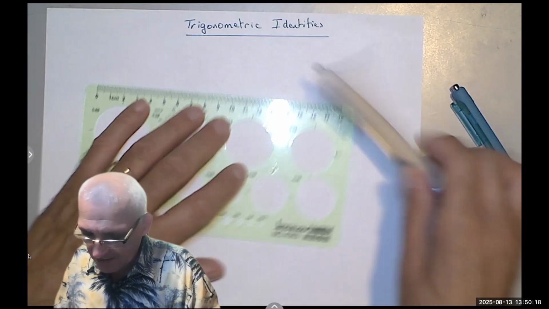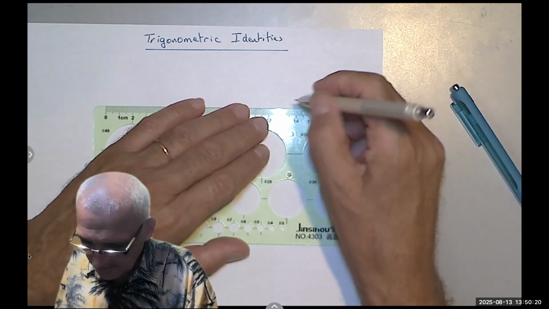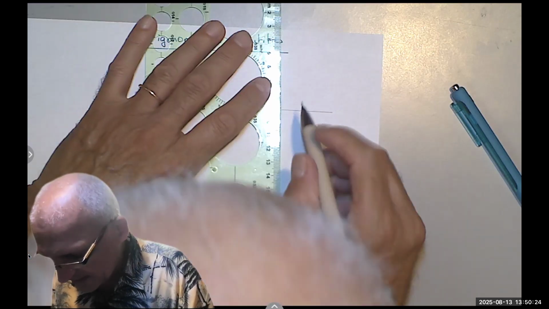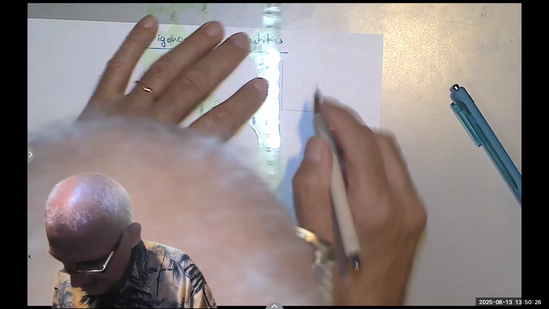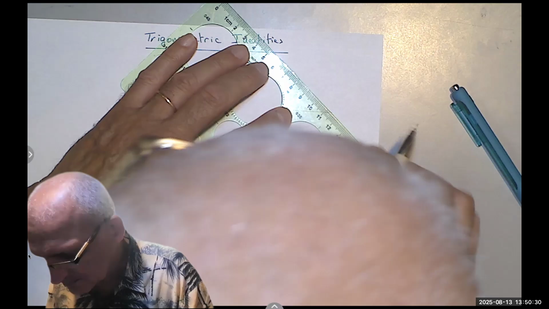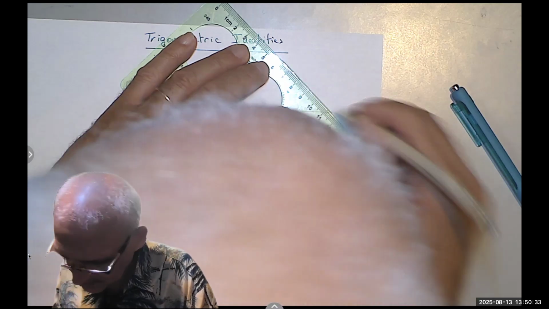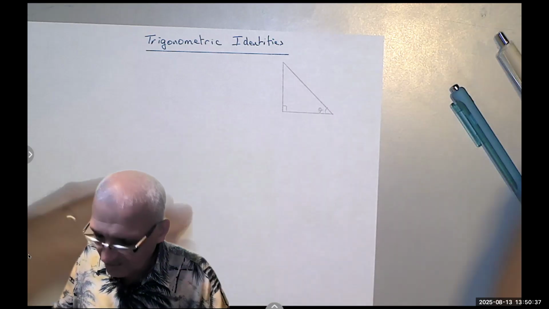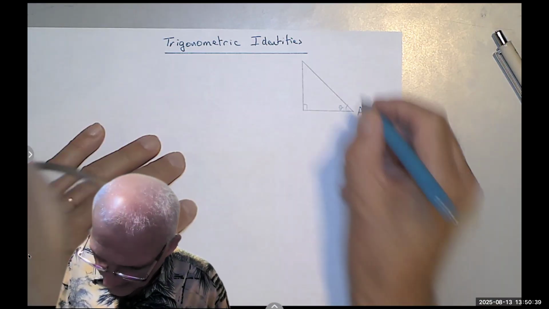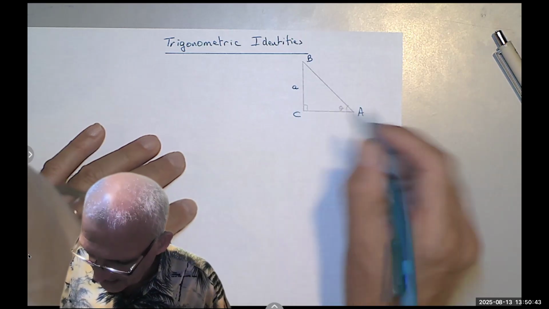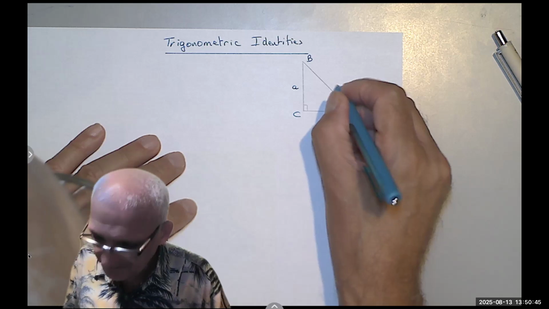First of all, let's draw a very simple triangle, a right triangle with any angle, let's call it theta. And like what we did before, we are going to call that ABC, and the sides would be a, b, c.